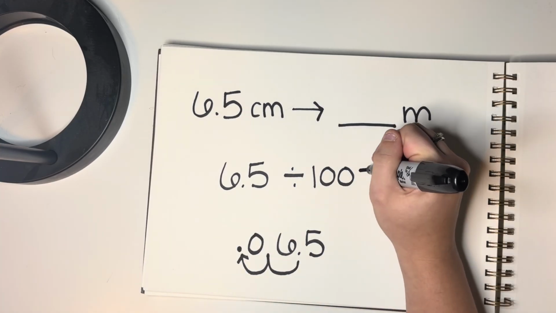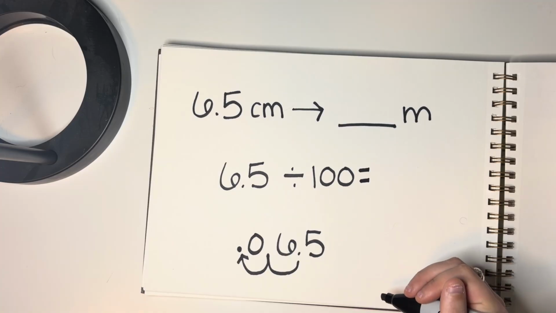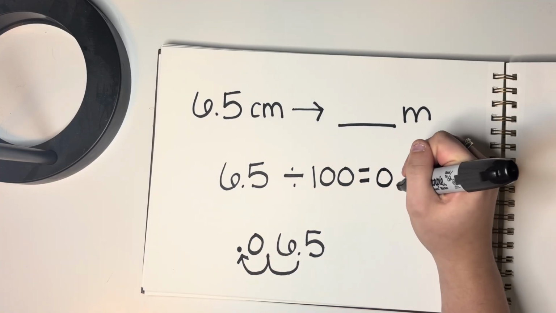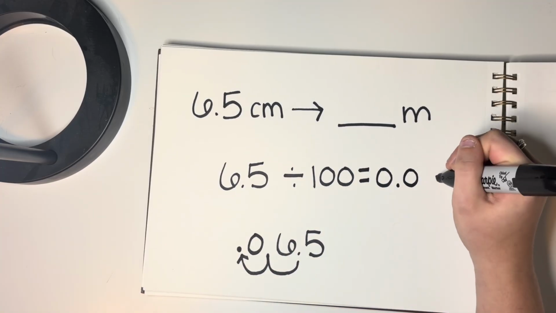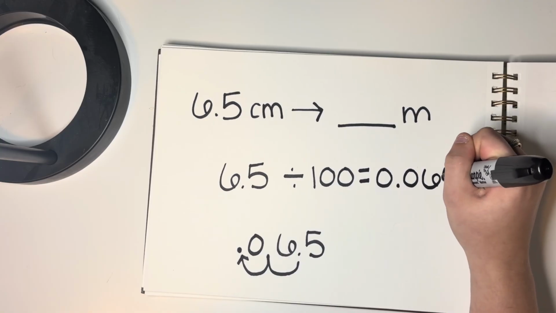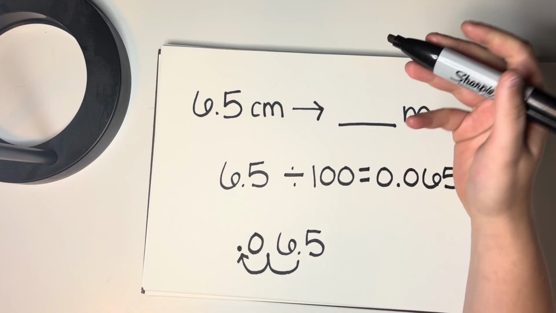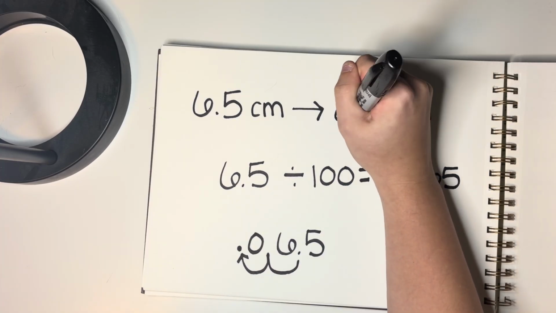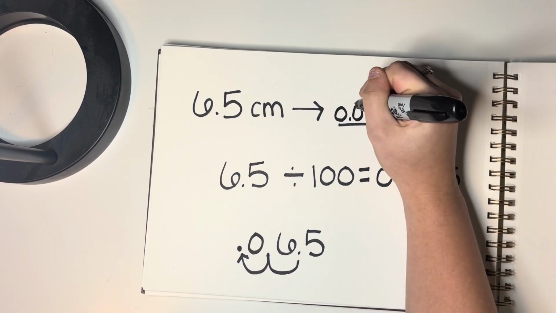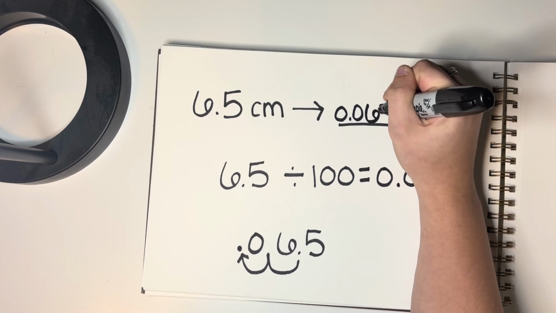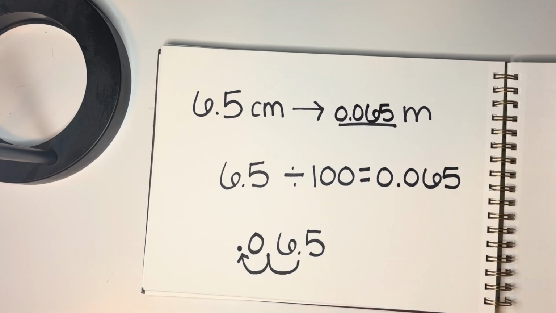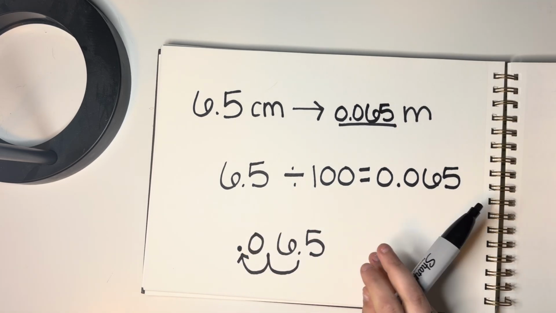So the answer to 6 5/10 divided by 100 is 65 thousandths. So 6 5/10 of a centimeter is equal to 65 thousandths of a meter. That is how I would convert centimeters to meters.